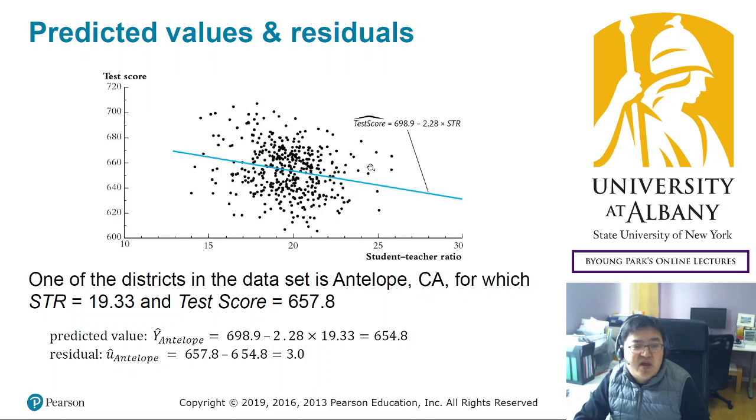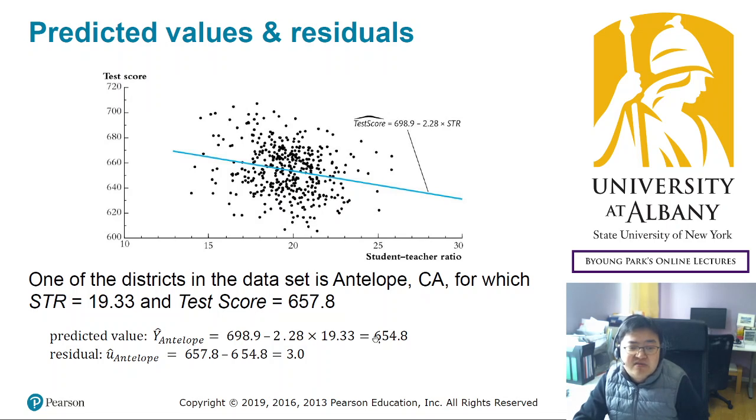So then you may use the estimated slope and intercept: intercept 698.9 minus slope 2.28 times the observed student-teacher ratio. We already have this information. Student-teacher ratio is given, and you have to predict test score based on 19.33.